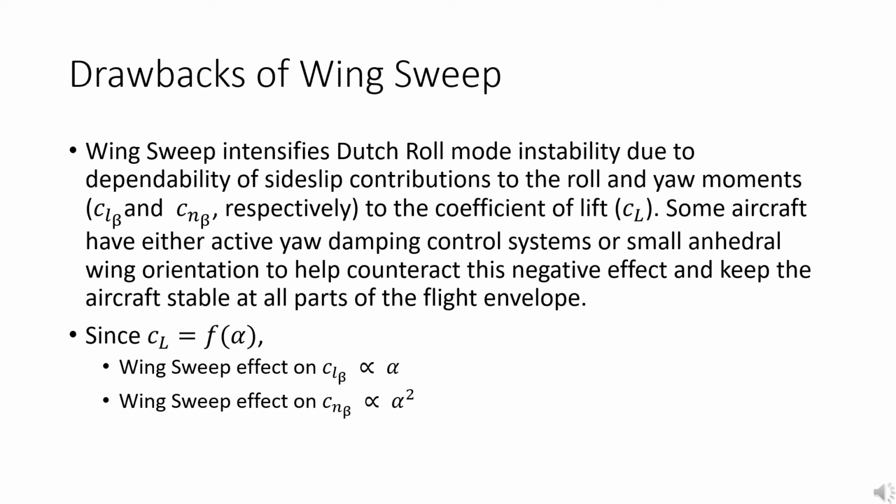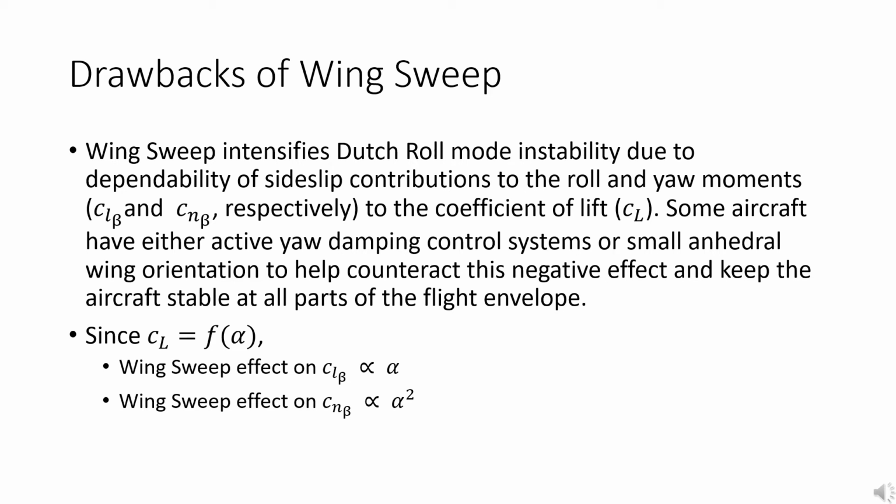Even though wing sweep has a lot of benefits, there are a few drawbacks to using this as a design implementation. One major drawback is that the beneficial effects are dependent upon the coefficient of lift. So the yaw moment contribution is proportional to the square of the coefficient of lift. So it follows that because of this relationship, the roll and yaw moment contributions are small at small angles of attack.